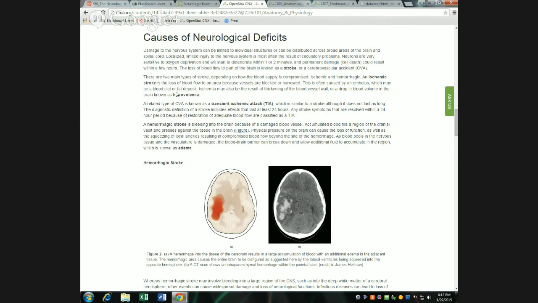Talking about the two different types of stroke, there's ischemic and hemorrhagic. In between that, there's reference to what's called a transient ischemic attack, or a TIA. These are basically little strokes that don't last for a very long time and might not cause long-term damage.